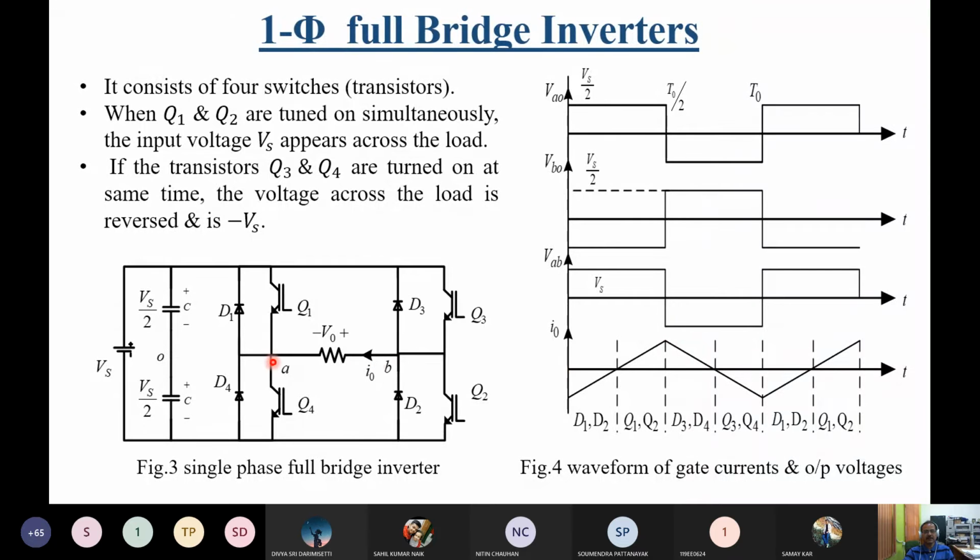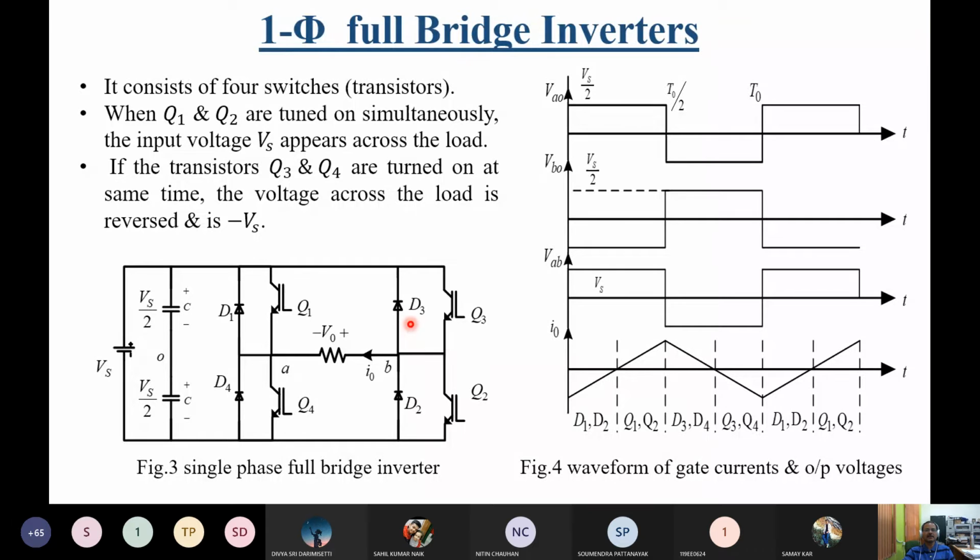B is positive, A is negative. And just see here, the current direction is negative. Now, when these two are off, the current continues to flow in this direction through D1 and D2, like that.